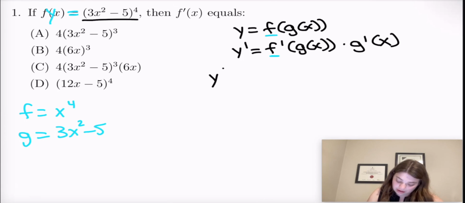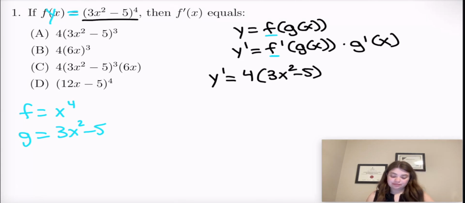So in this case, our y prime is going to be equal to f prime of g of x. So I'm going to put the 4 in front and then multiply by 3x squared minus 5, to just repeat g of x, and then power of 3. And then for g prime of x, we need to take the derivative of just what's inside the brackets.